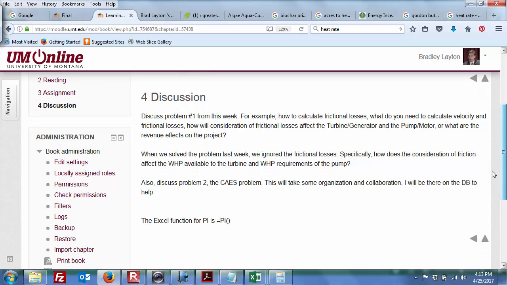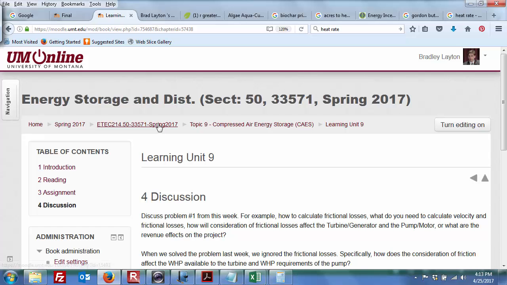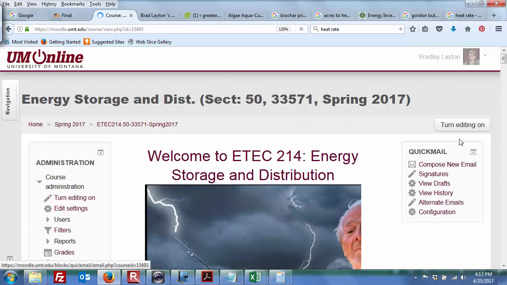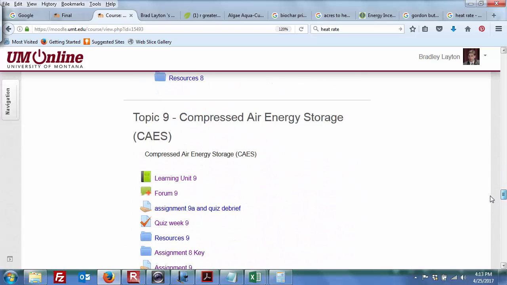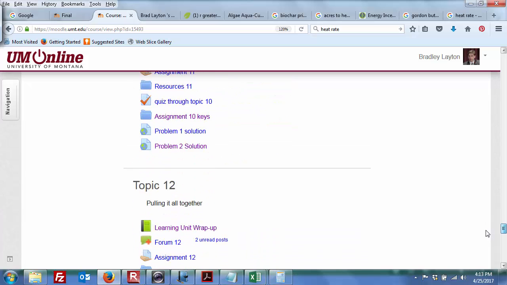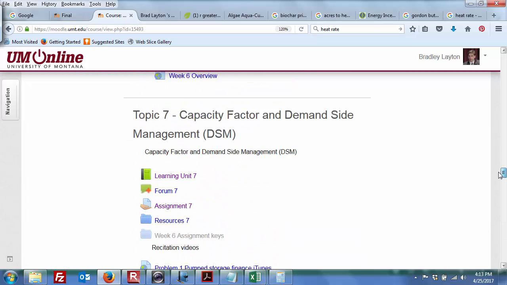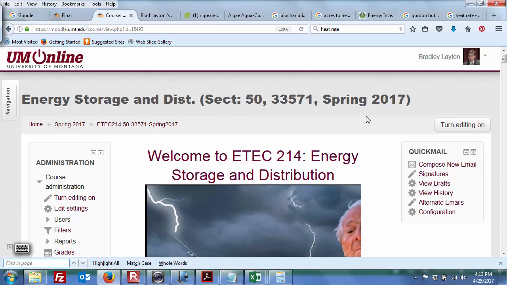Discussion. Okay, it's not 9. Can't be variable frequency drives and not electric vehicles. Is there a way to search inside of this thing? Nope, good luck.